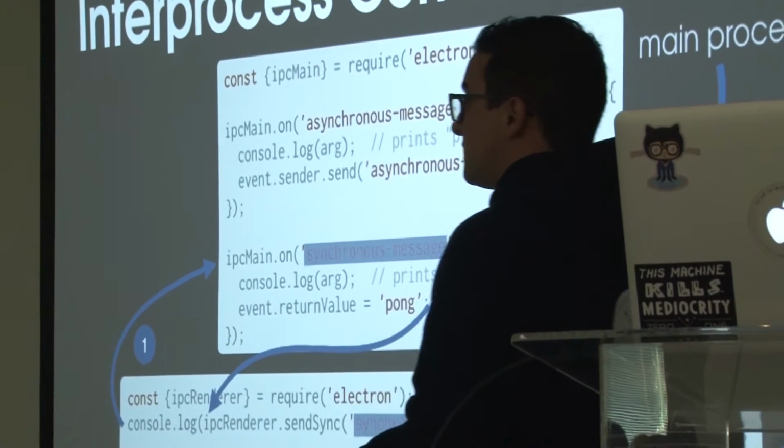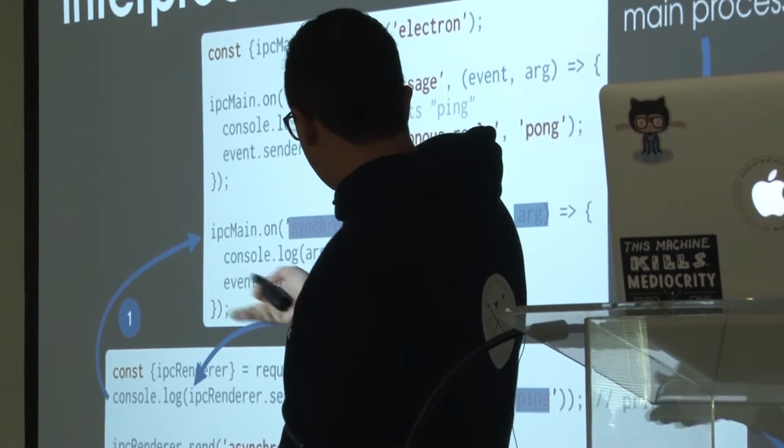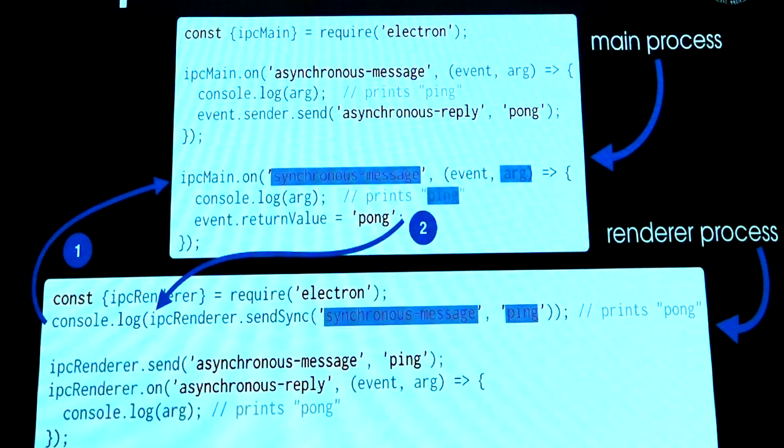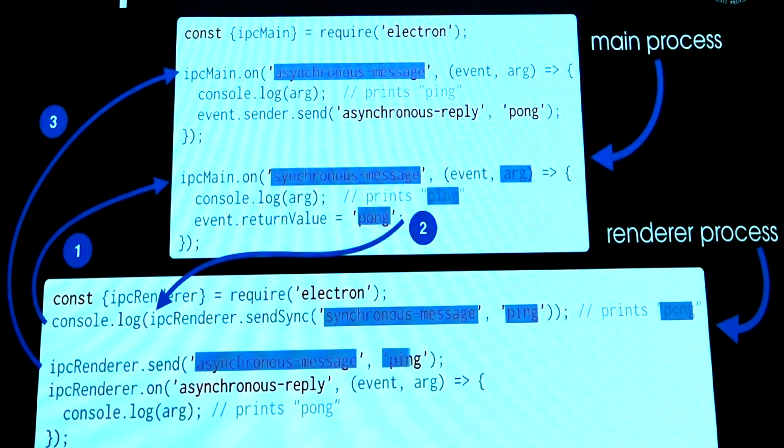But we can also do this asynchronously. So if you look over there, the third line in the renderer code block, we'll send a message to the asynchronous message channel in the main block, and you can see we're looking for asynchronous messages over there. And we will send it a ping again. That ping comes through, and we print it out.